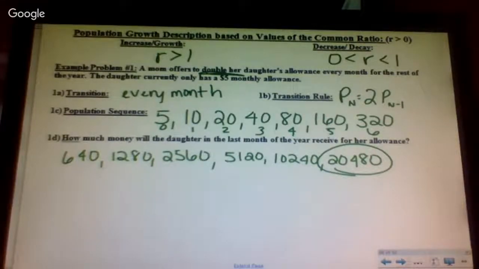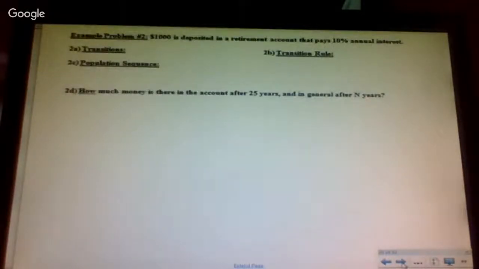Let's do the last problem at the bottom of this page before you all leave for lunch. Example number 2. We have $1,000 deposited in a retirement account that pays 10% annual interest. What's my transition? A year. Annual is 1 year. My transition rule. What is happening? It's going up by 10%.